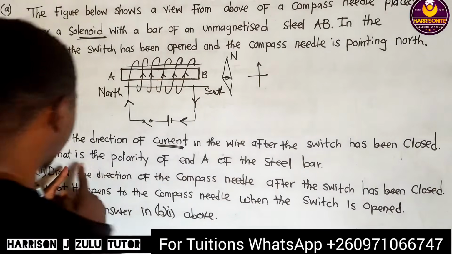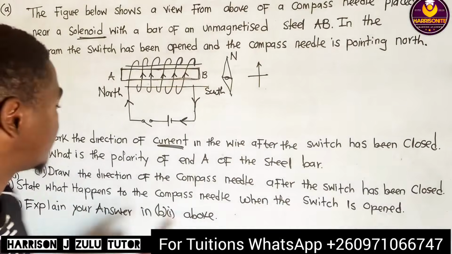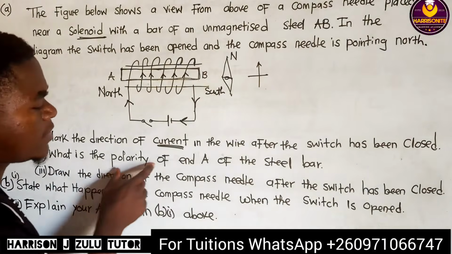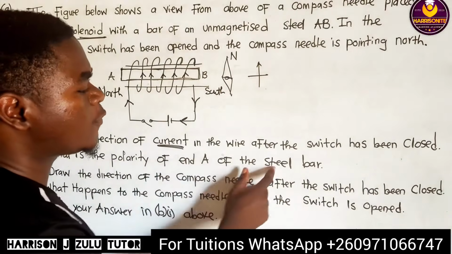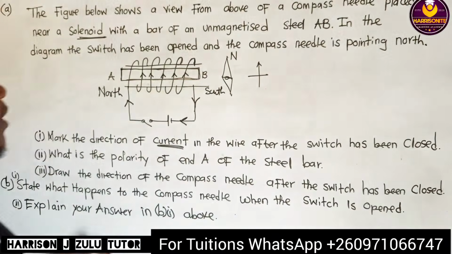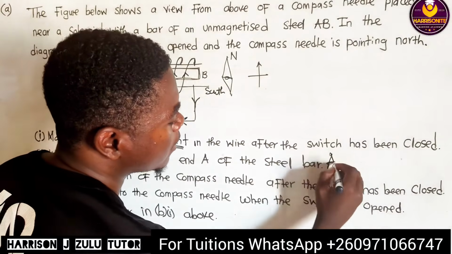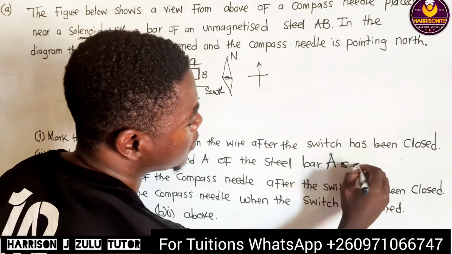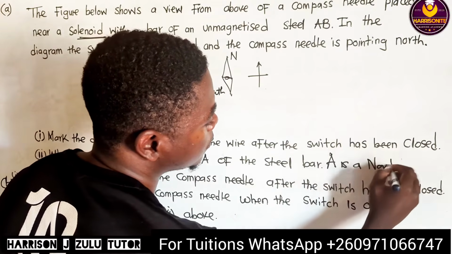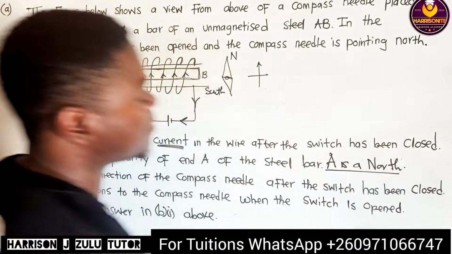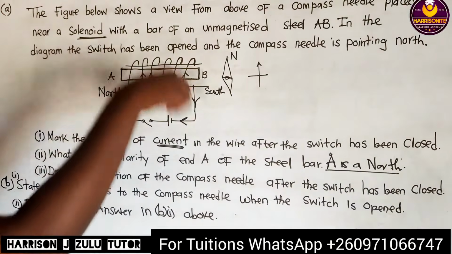We now go to the next question. I guess you are getting this. What is the polarity of end A of the steel bar? End A is a north. I guess I've explained that one because the current is moving in that way.